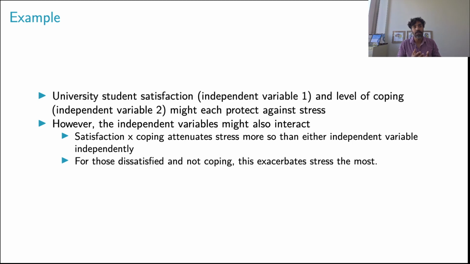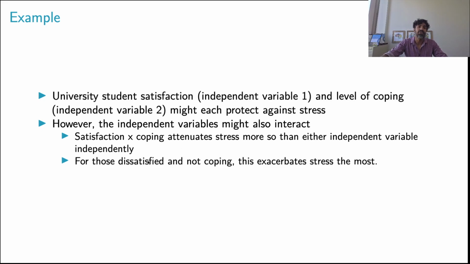So here's another example. Let's take university student satisfaction, which is independent variable 1, and the level of coping, which is independent variable 2. They might each protect against stress, so stress is our dependent variable. However, the independent variables might interact, so we can produce a multiplicative effect: satisfaction by coping. Does it attenuate stress more than either independent variable independently?